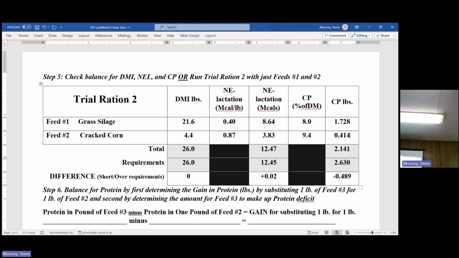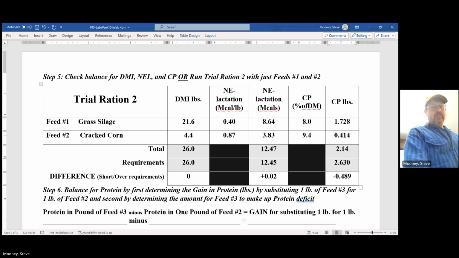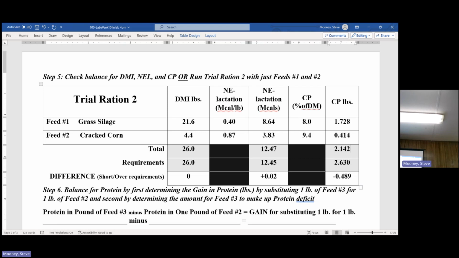So what does that do? That changes your total. What's the new total? 2.1 what? 2.142.